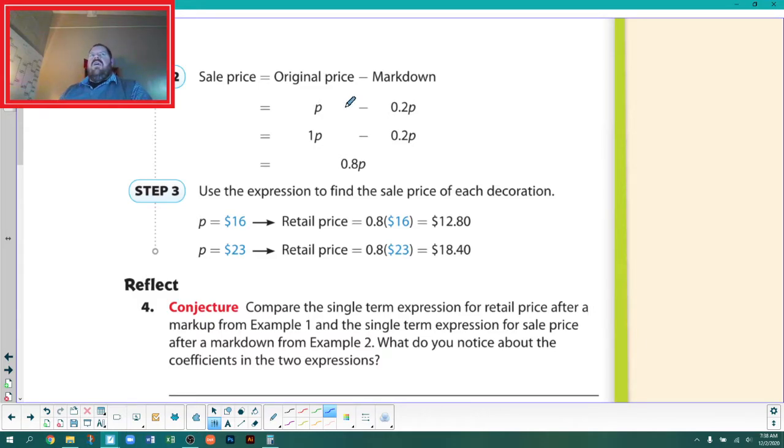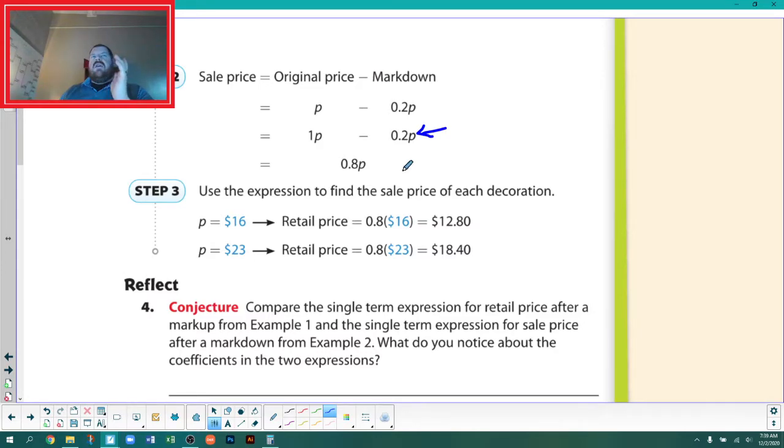If you do it according to really what 5.1 was talking about, you're going to find 20% of that cost and subtract it from the original price. That's using this method, which is totally okay. To me, it's a little bit more straightforward, and it feels like less math before I'm really doing math.